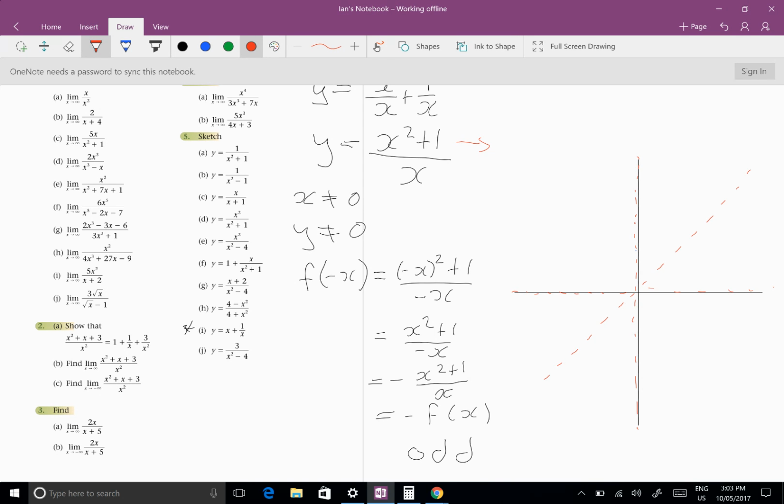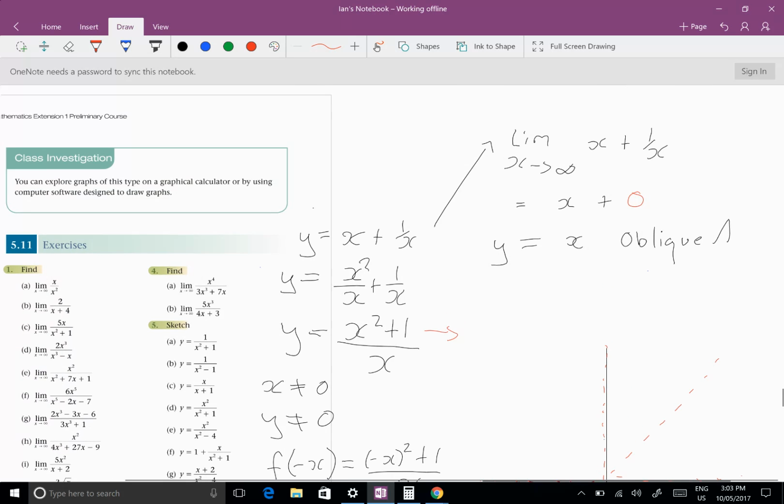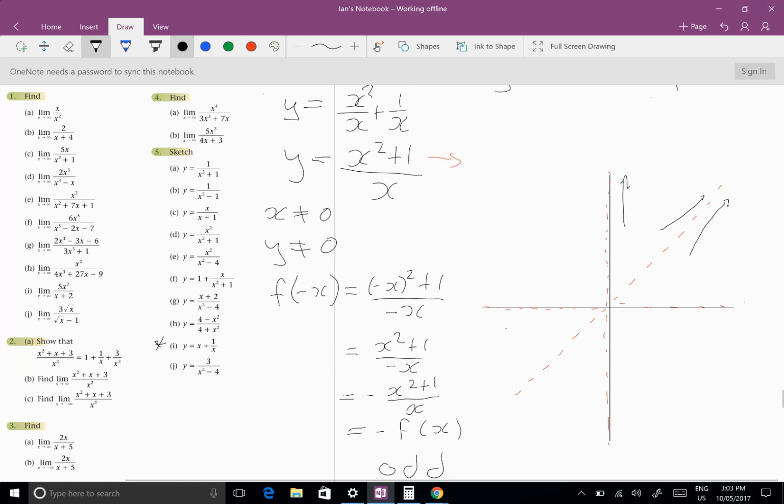We also know that it's odd, and we know that as x gets bigger and bigger, as x approaches infinity, y will approach x. So it's getting close now, but the trouble is, is it approaching that from there, or is it approaching it from here? I don't know. And is it approaching this one there, or is it going down here? I don't know. Well, I better check that.